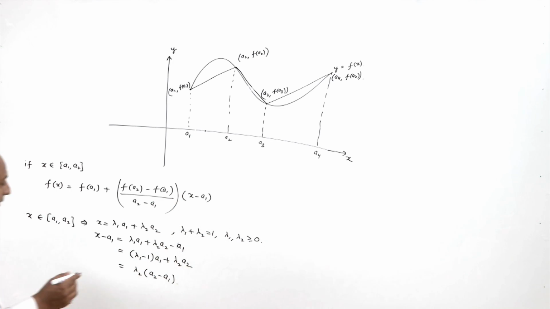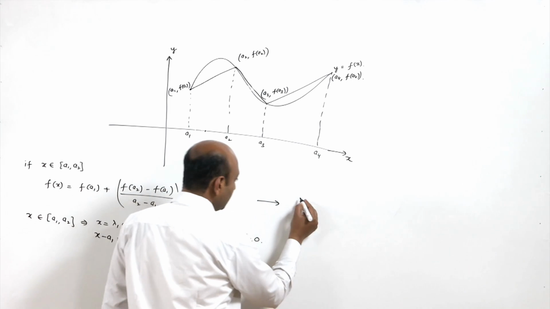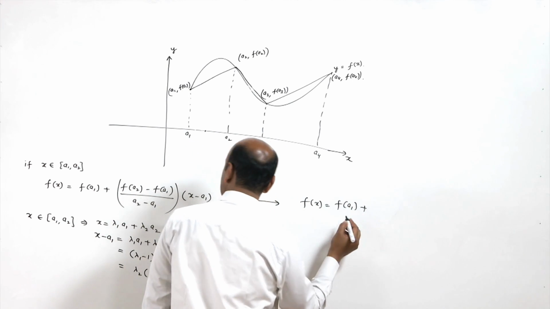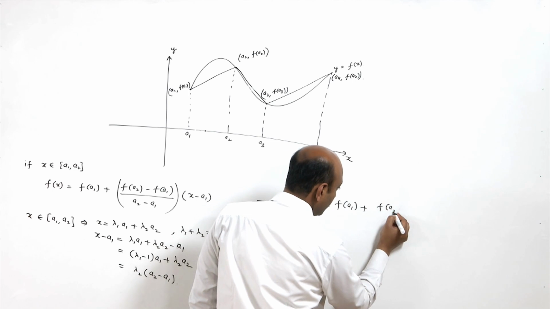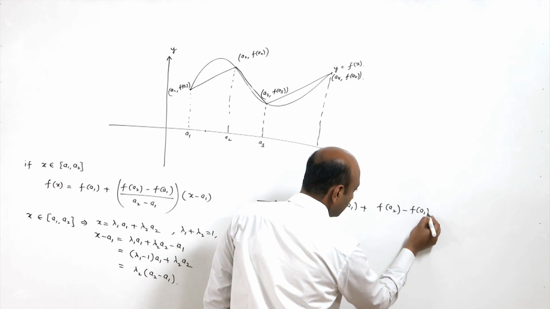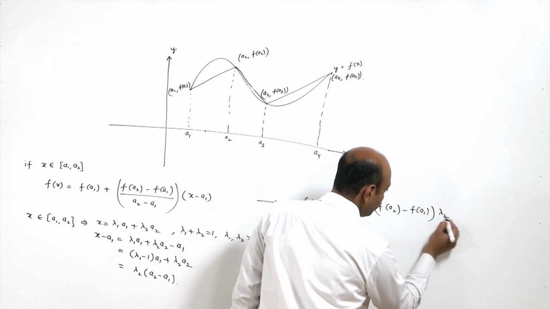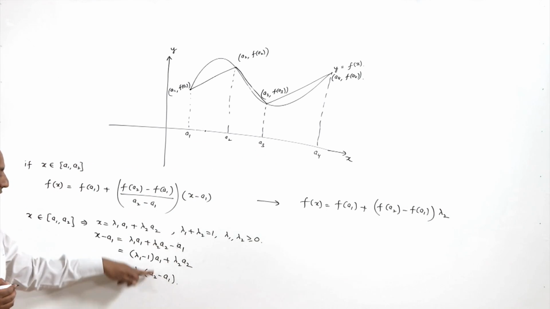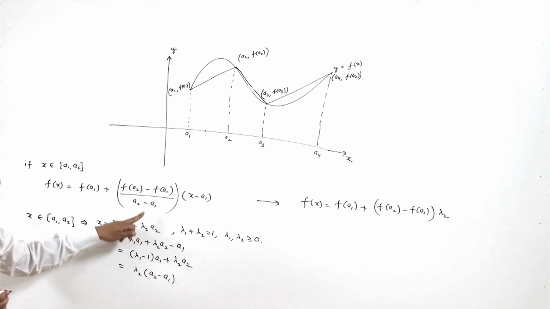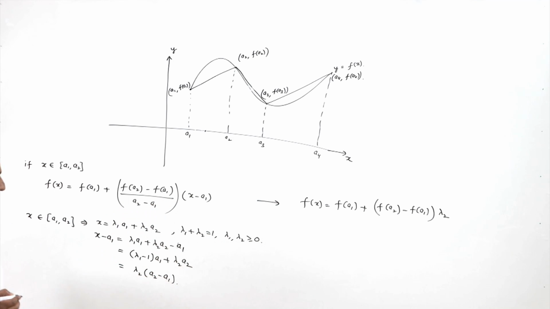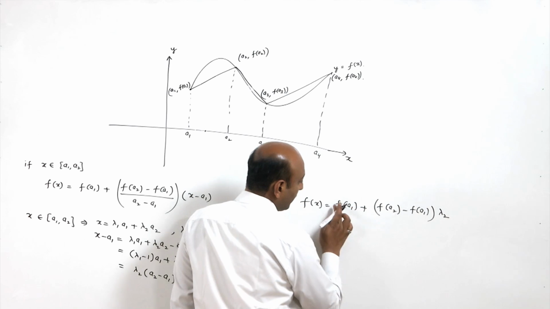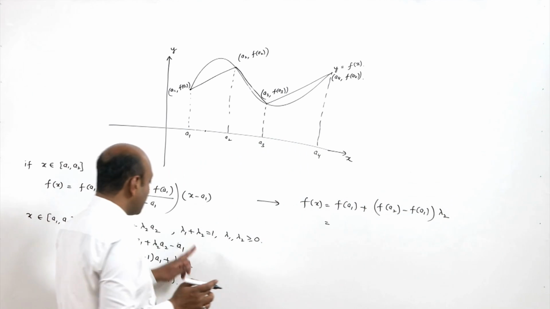So, what do we obtain? We obtain f(x) is equal to f(a1) plus (f(a2) minus f(a1)) into lambda 2, because a2 minus a1 cancels from the denominator. Now this is 1 minus lambda 2, and 1 minus lambda 2 is lambda 1.